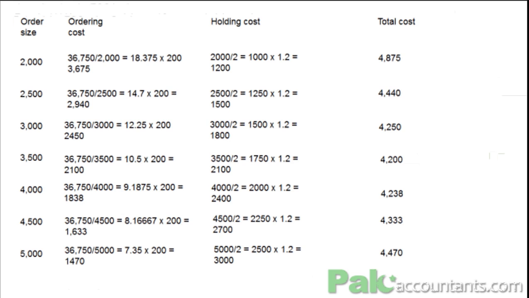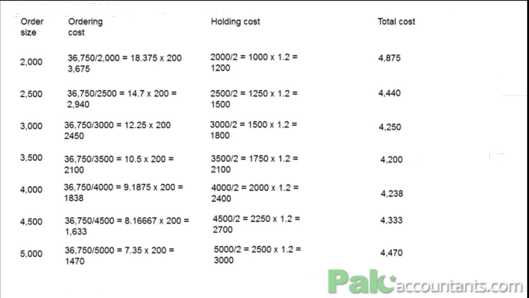Okay, if we look at how economic order quantity is determined using a tabular method, this is basically a hit and trial method. We'll be calculating ordering cost and holding cost for several numbers of orders, and whichever gives us the least cost, we'll go with that one.